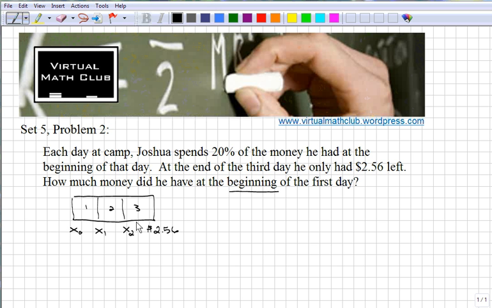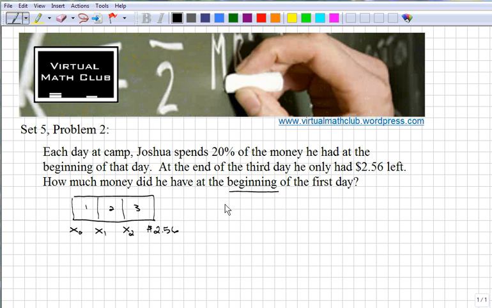x0. Okay? So when we're calculating the amount of money he had at the end of each day, we have to make sure that we go back far enough and go all the way to the beginning of the first day. So it helps to have some variables defined, and then you can keep track of which day you're on. Okay?